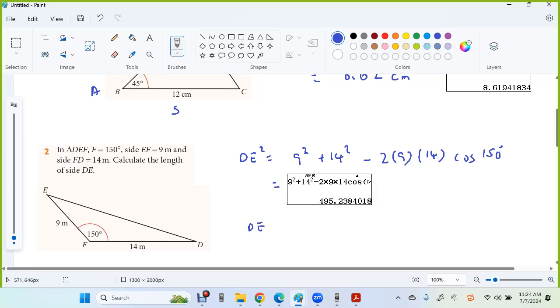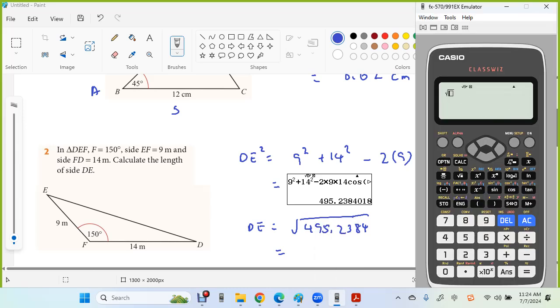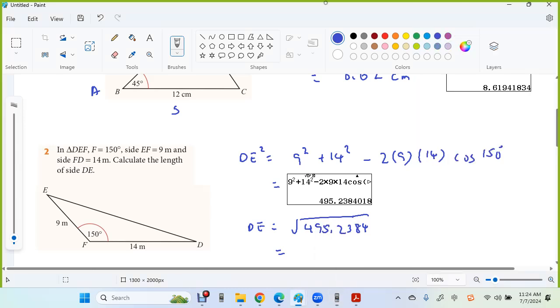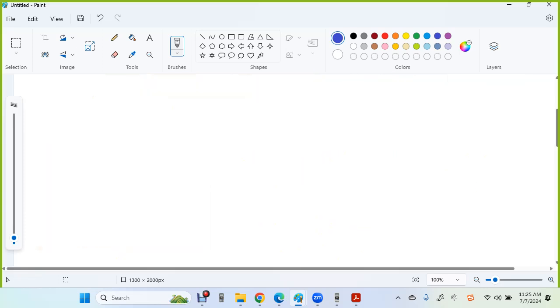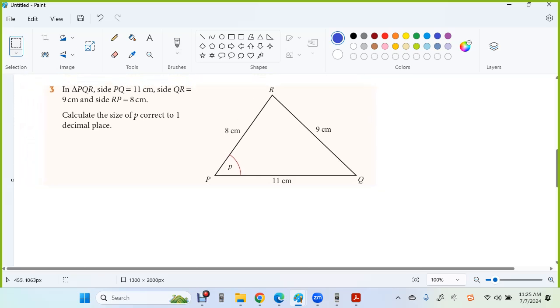So DE will be the square root of 495.2384. So the square root of the answer will be 22.3. So this is 22.3 cm. This one is also SAS.